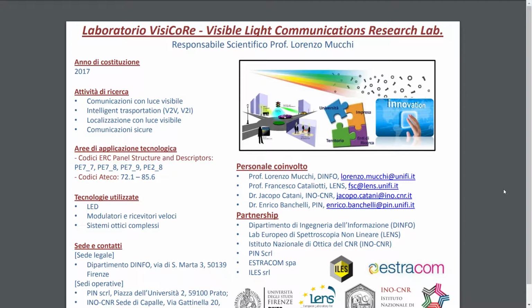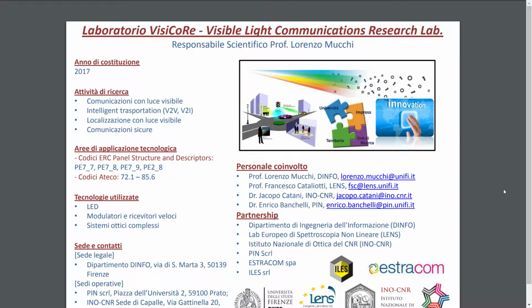You don't have the problem of frequencies because if you pass from a room to another, since the light obviously does not go through the walls, you can reuse the same frequencies and you will have no interference between the various messages.